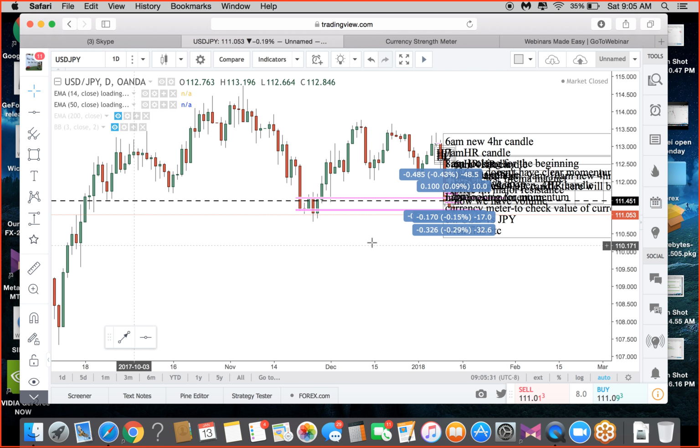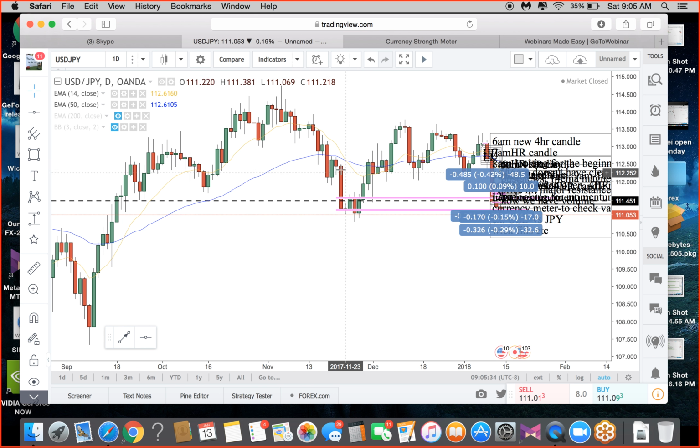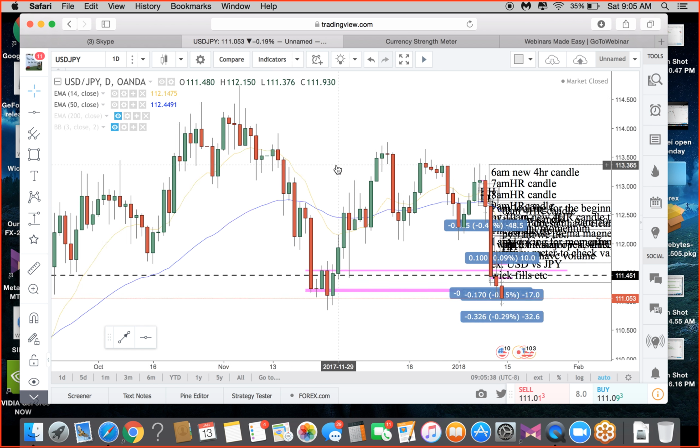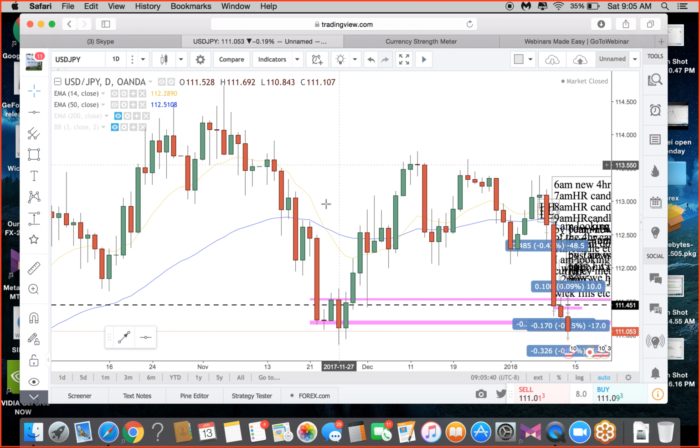And then, of course, paying attention if you're trading the daily. The new daily is going to open up when Asian opens. So for me, it's 2 p.m. So understanding that the daily candle is going to be most effective at Asian time.